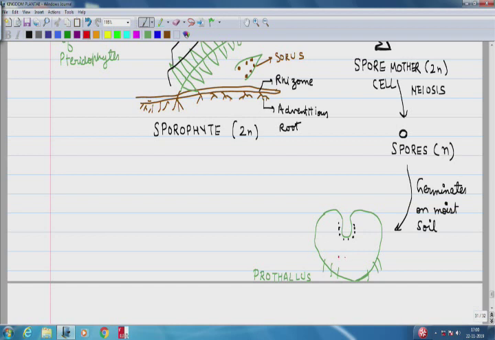In this prothallus, many antheridia and archegonia are present. These red colored structures are antheridia. Antheridia are male reproductive organs.